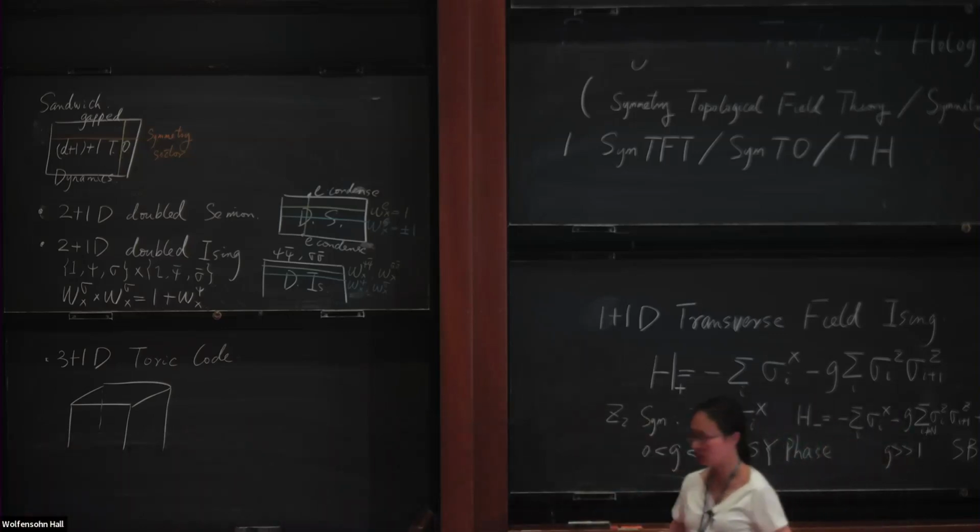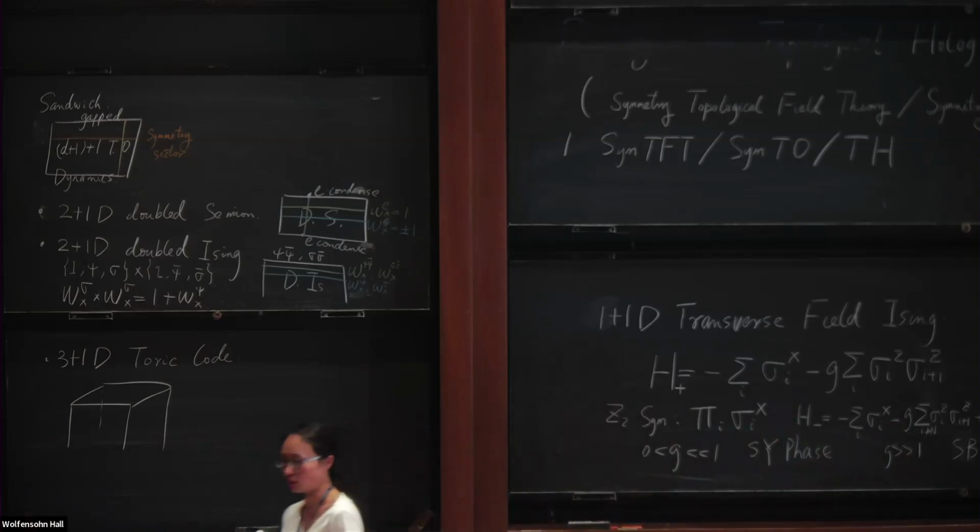But if you just give me a sandwich, I actually don't know how to recover it. If the symmetry is non-anomalous and invertible, everything's a group, then I think it's probably true that there's a tensor product Hilbert space structure, but yeah, I don't know.